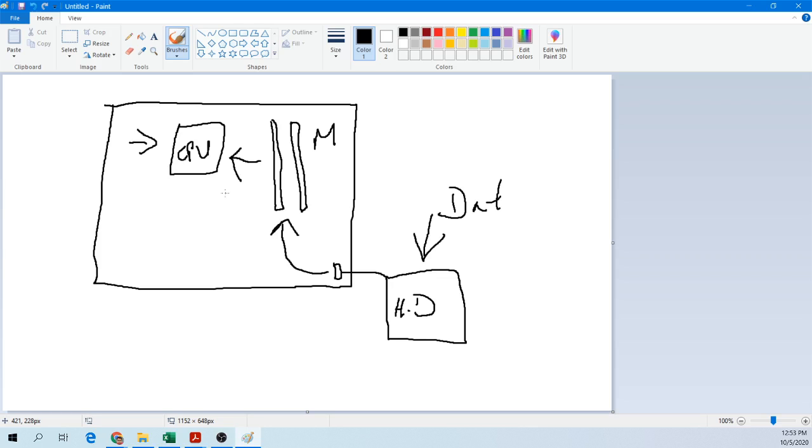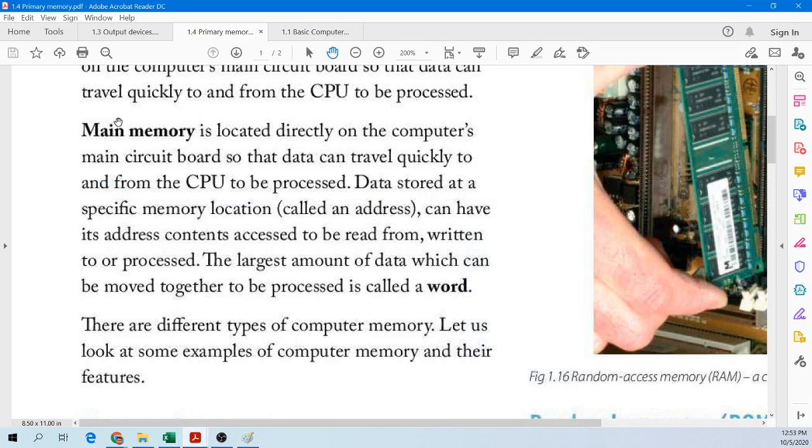So the CPU processes faster than data can be sent to it. That is why we need the main memory, or the primary memory, or just memory, so that we can send data quickly to the CPU.